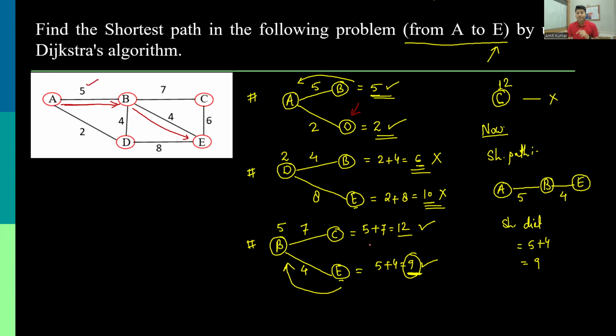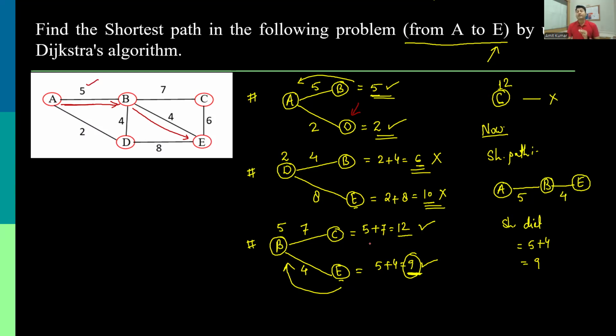Once selection is done, we'll see what the move out paths are. And when checking the move out paths, we will not visit a vertex again if it is already selected in the previous steps.